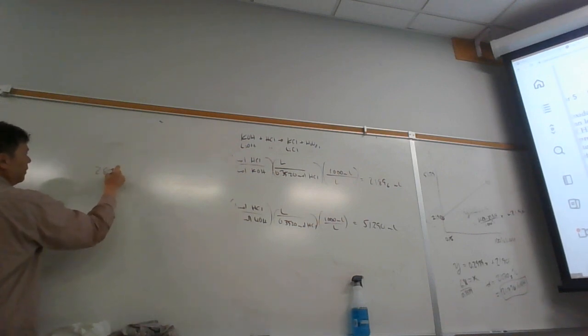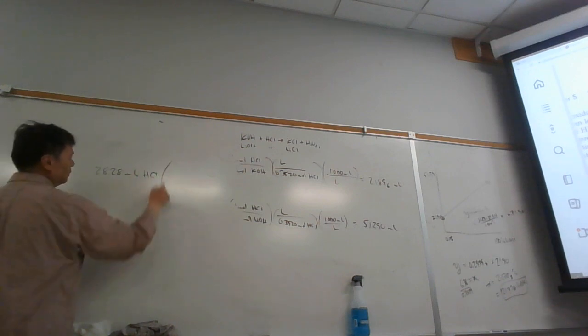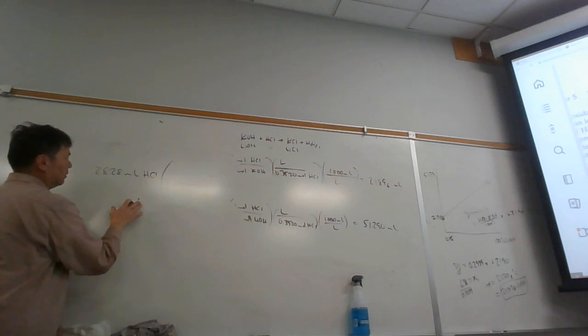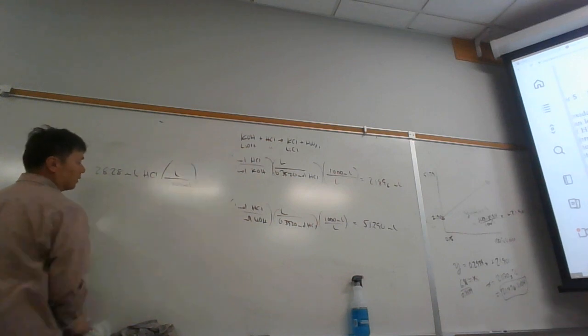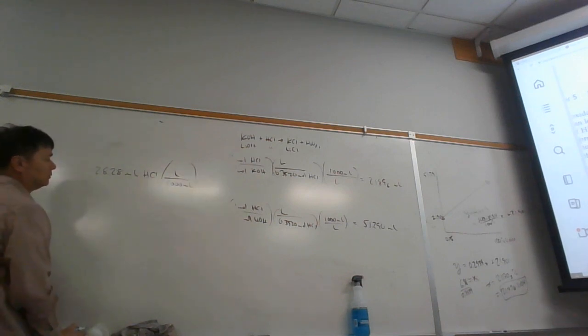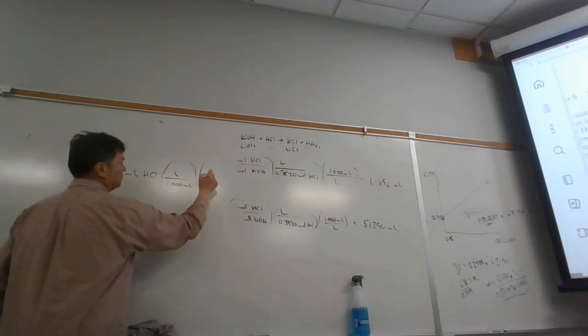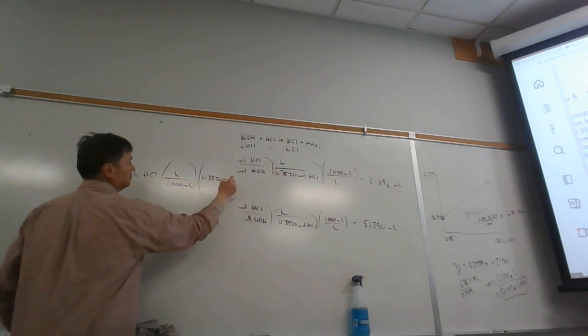I did two calculations as well, one for potassium and one for lithium. So the potassium hydroxide one was liters, and then I went 1 liter to 0.352 moles, which is the molarity.